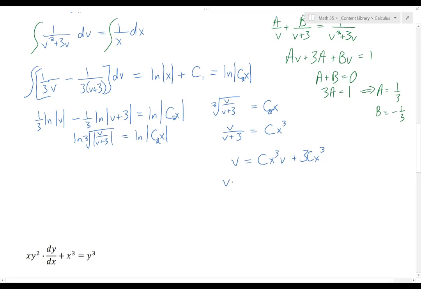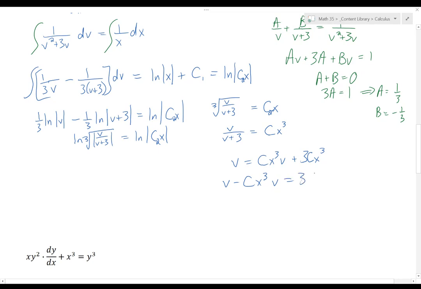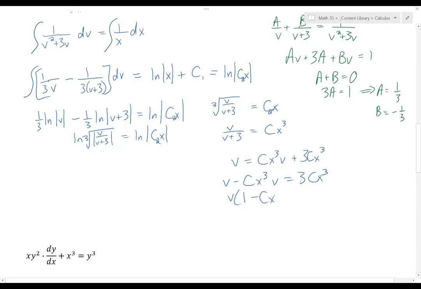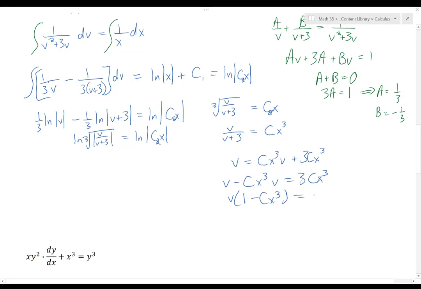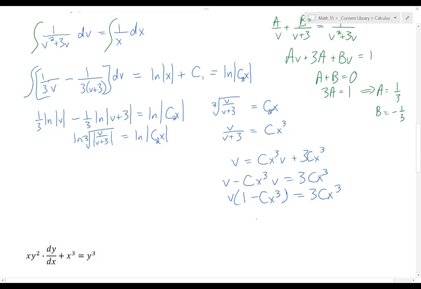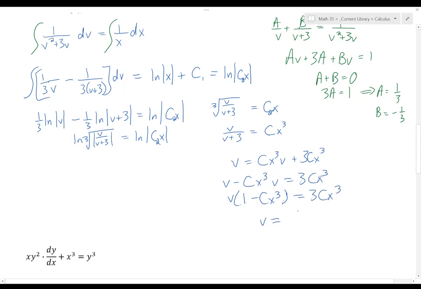So v minus cx cubed v equals 3cx cubed, which means I've got this whole thing, a little bit lengthy, but we're getting there. 1 minus cx cubed.